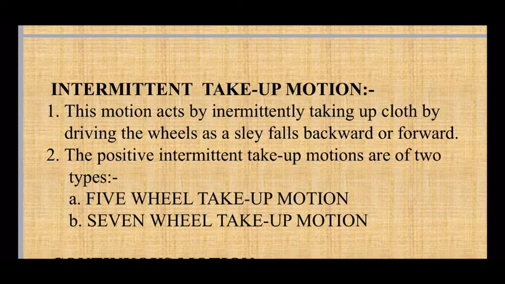As the name suggests, in the 5-wheel take-up motion we are using a total of 5 wheels in the chain of gears, and in the 7-wheel take-up motion we are using a total of 7 wheels to transmit the motion to the take-up roller from the sley.